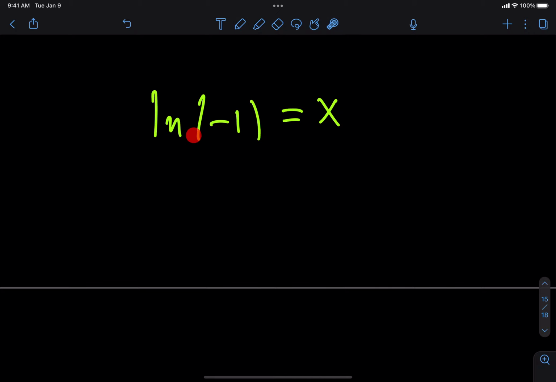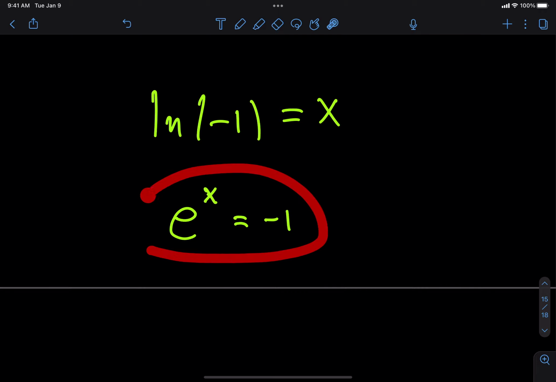Well, what's the base? E. So E, what's the exponent? X. And what's the argument? Negative 1. What's wrong with this? It's not possible, right? I take a positive number to any power, it's always going to be positive. So there's no way to get negative 1.